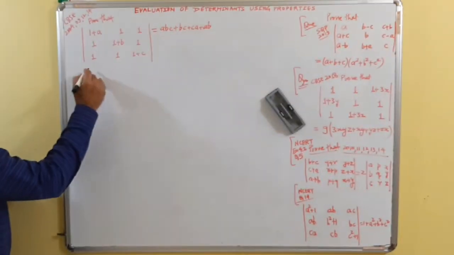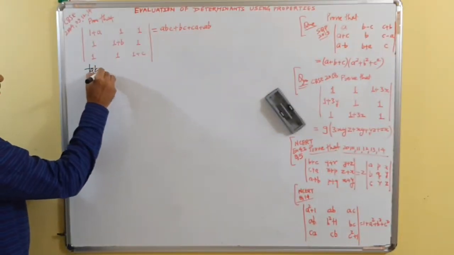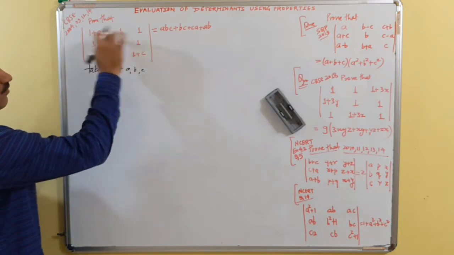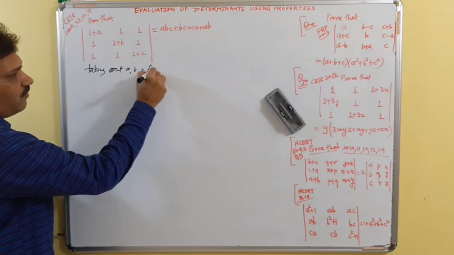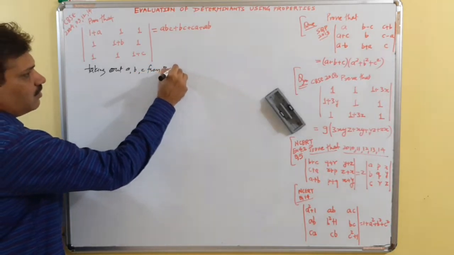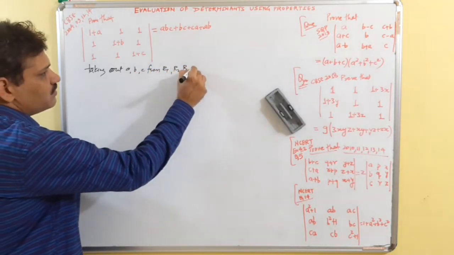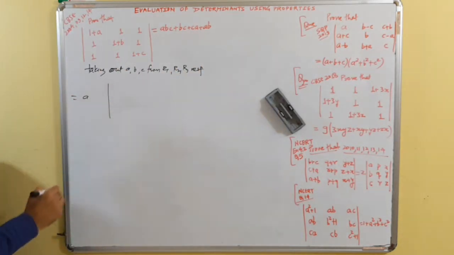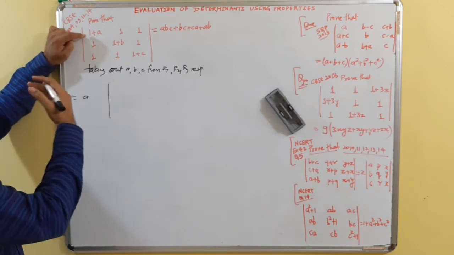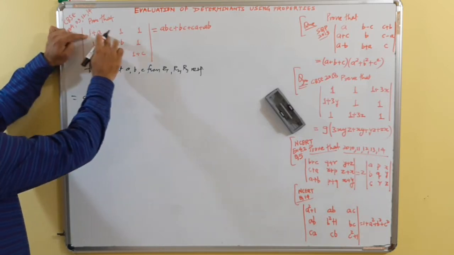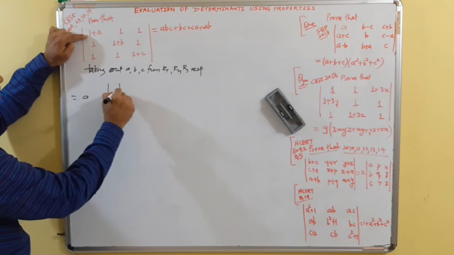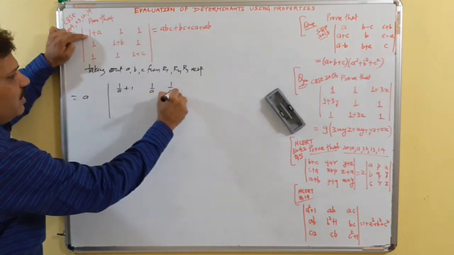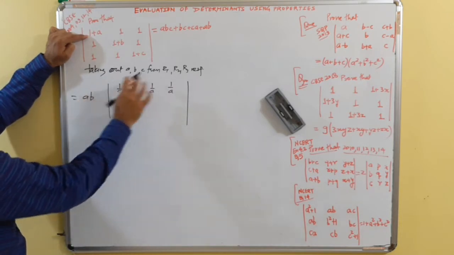Well, so here taking out A, B, C from R1, R2, R3 respectively. If I take A common from R1, that means I am going to divide all the elements by A. So it will give me 1 by A plus 1, then 1 by A, and this also 1 by A. Now I take B common from R2.